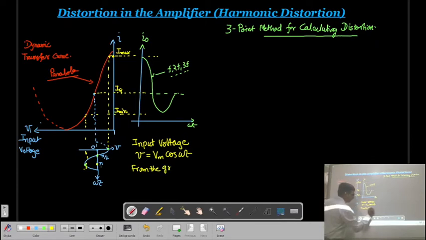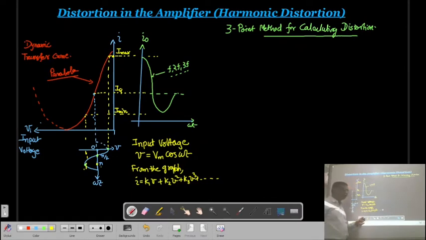From the graph, we can say the current I is given as K1V plus K2V square plus K3V cube and so on. Remember, this is a general expression for the parabola. So the relation between the current and voltage we can write in this way.